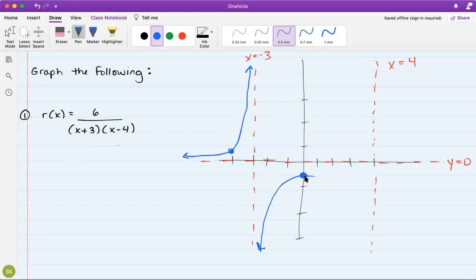So what I'm going to do to sketch this graph, remember this is an asymptote, so they're either going to have to go up to infinity or down to negative infinity because I can't cross this line. I'm going to go down to negative infinity. Okay, and now I just need to graph something on this side here. So what I'm going to do is plug in something bigger than 4. So let's go with 5.